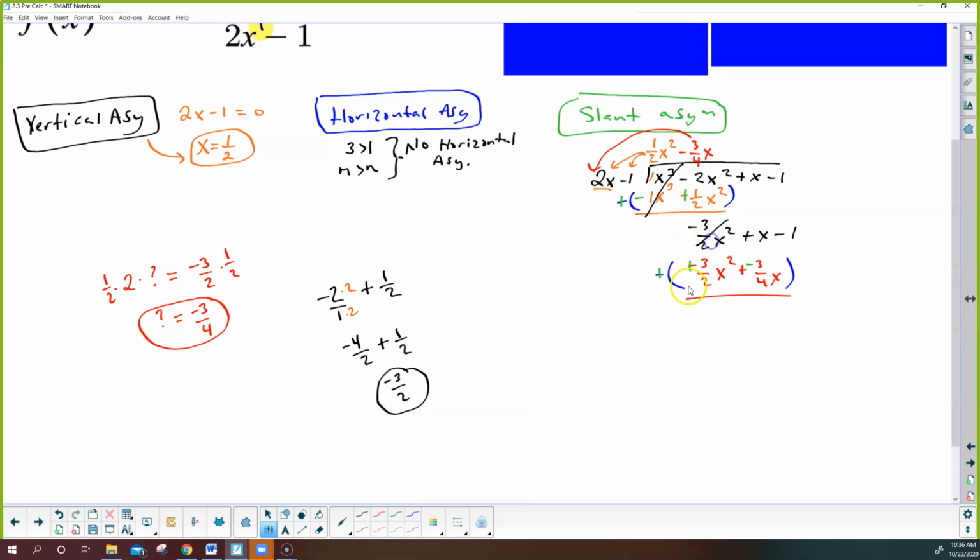And then those go away. Since I have 3/4 and technically there's a 1 here, I might call that 4 over 4 because 4 over 4 is just 1. But that just helps me say 4 minus 3 is 1/4 x to the first power.